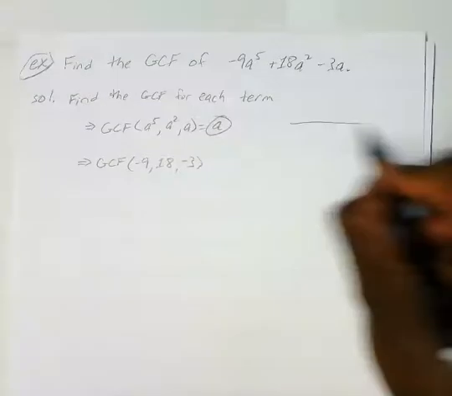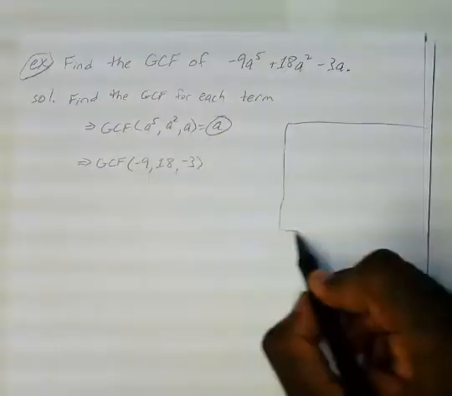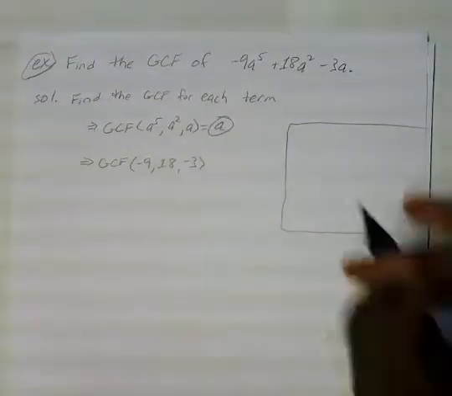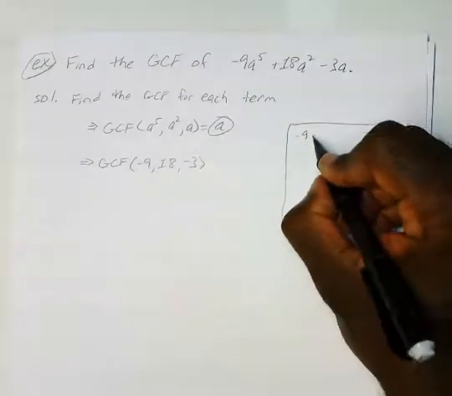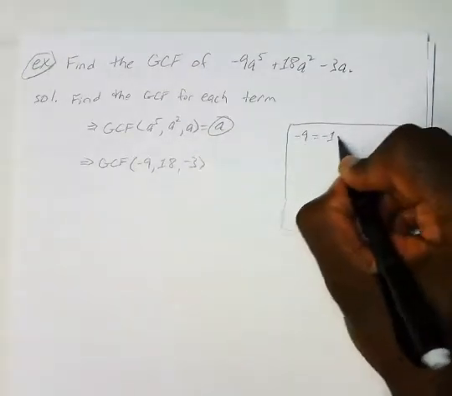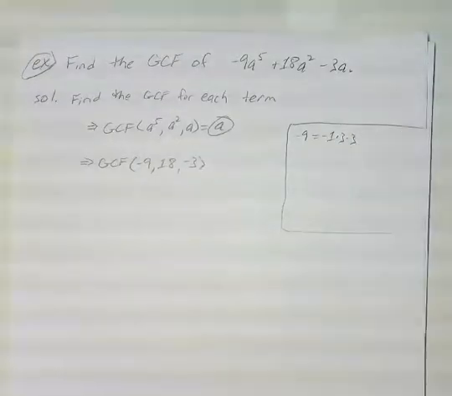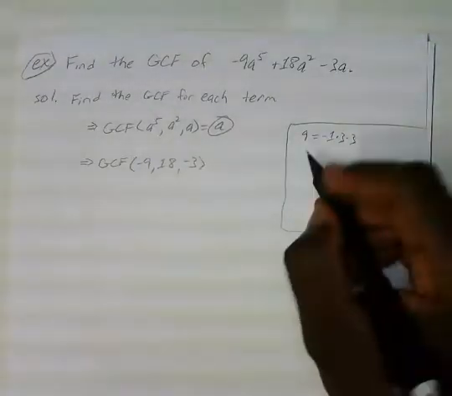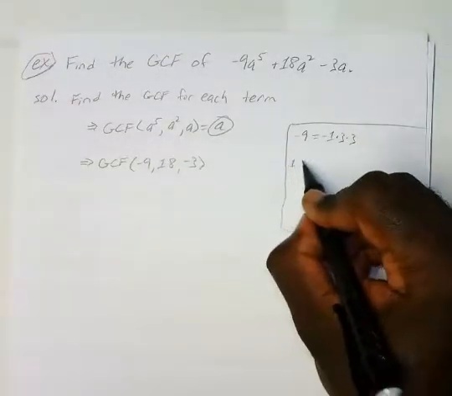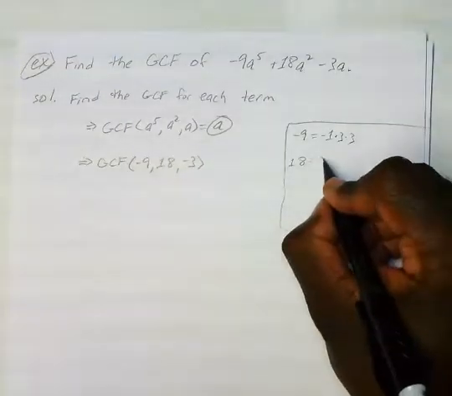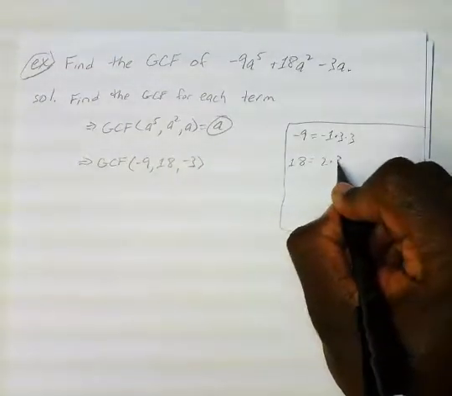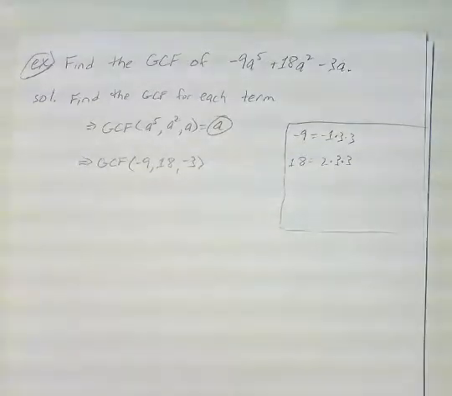Okay. So just working that out on the side, we know that negative 9 is equal to negative 1 times 3 times 3. We know that 18 is 9 times 2, which is just 2 times 3 times 3.